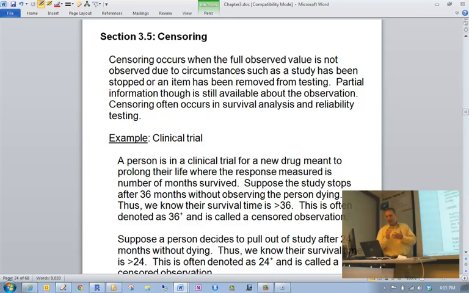Anyway, though, so censoring. Does anyone know what censoring is without reading what's on the screen? Anybody heard of censoring? Do you see it like in 971 at all? Where did you hear about it? It's like that in sports stats. Oh, how does censoring appear in sports statistics? This field goal kicking. Really? Yeah. Well, it was place kicking in general because they were censored at wherever the place kick for the point after is.